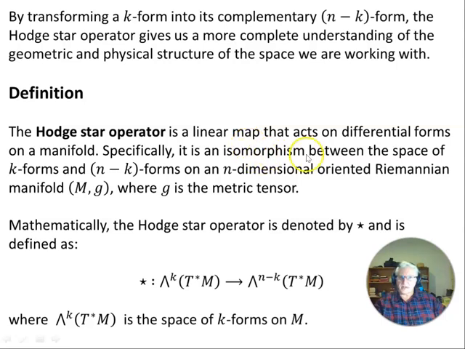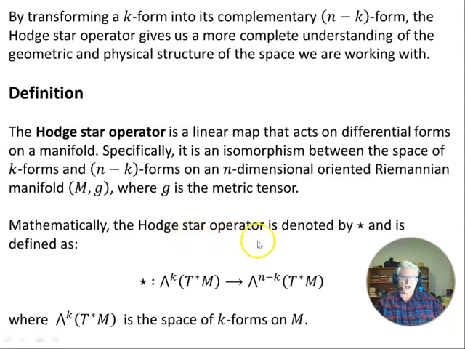The Hodge star operator is a linear operator that acts on differential forms on a manifold. Specifically, it is an isomorphism between the space of k-forms and n minus k forms on an n-dimensional oriented Riemannian manifold (M, g), where M is the manifold and g is the metric tensor.